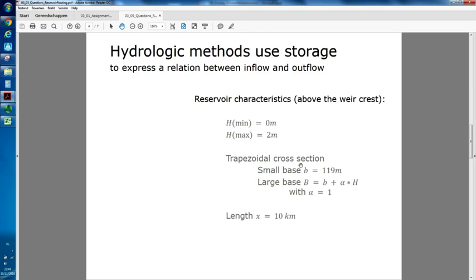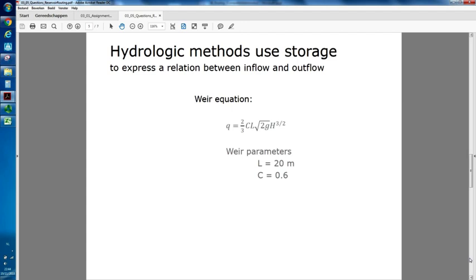Based on this information, we can calculate the storage above the weir crest depending on our H value. Similarly, we can also use the weir equation, where we know the L factor, the length of the weir, and the C factor, which takes into account the discharge coefficient.